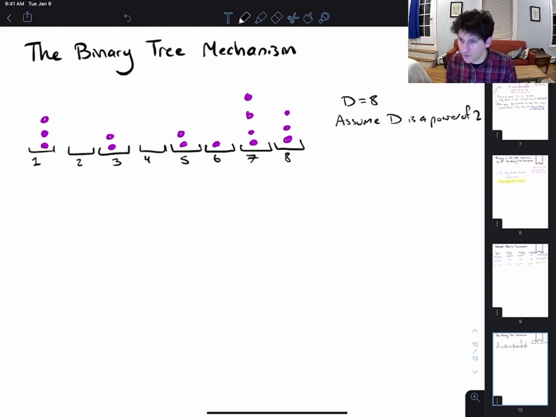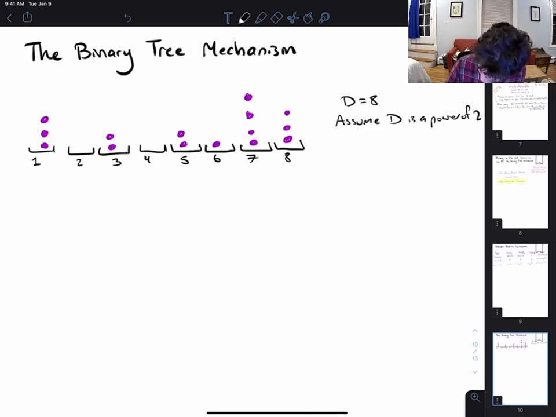So what am I going to do? What are my queries going to be? All my queries are going to be interval queries. That's not a requirement. There's nothing that says we have to ask a subset of the interval queries, but that's just going to be the case. So I'm going to pick a subset of queries, and I'm going to pick the queries as follows. I'm going to start by just asking for all the intervals of length 1.